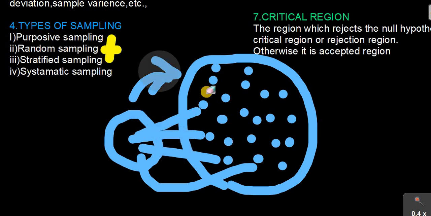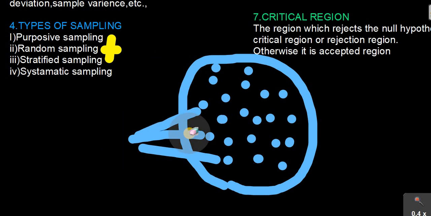Random sampling means each and every element in the population has an equal probability of being chosen in the selection. Such a sampling from the population we call random sampling.